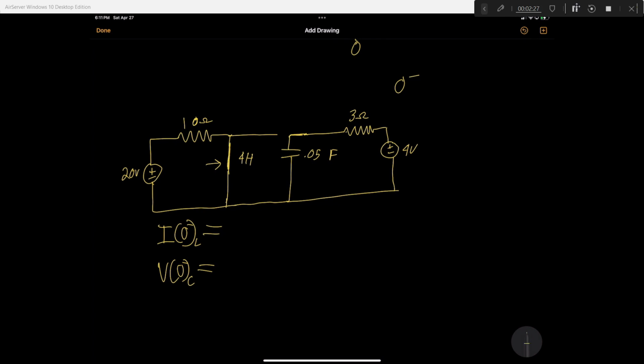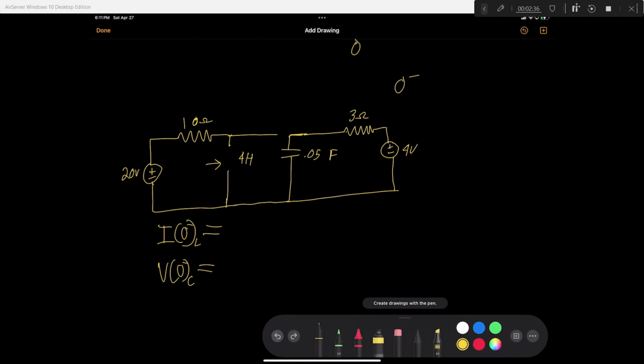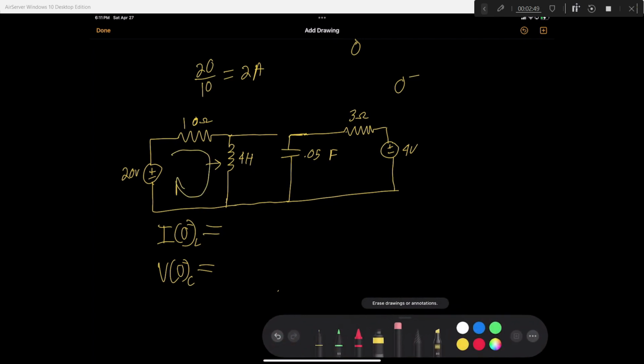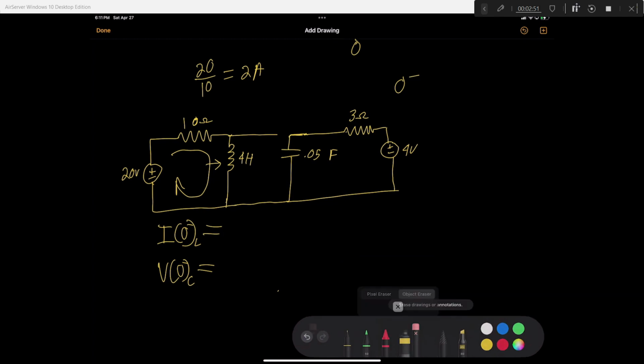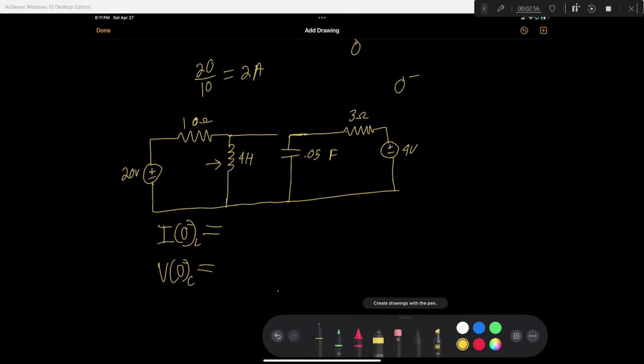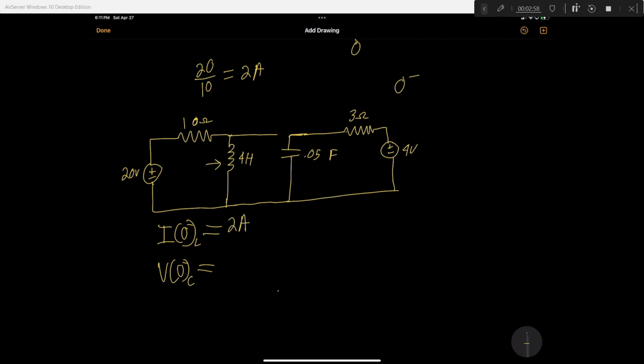So we need to find the current through here for 0 minus when it's acting like a wire. If you do 20 divided by 10, you get 2 amps, and that's going to be the current going through here. And that is what our I naught to the left side of 0 is going to be, 2 amps.